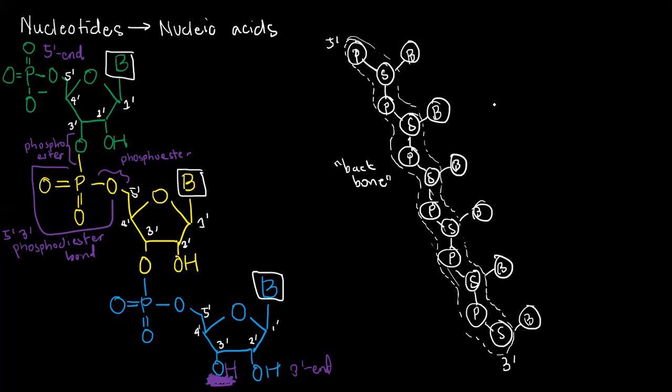But sometimes we have two strands interacting with one another, as in most cases for DNA. So in that case, I would have something that mirrors it: phosphate, sugar, and then the base protrudes here.